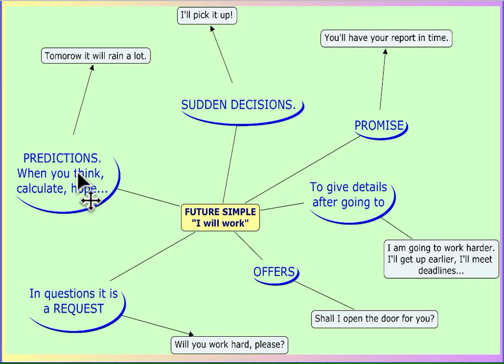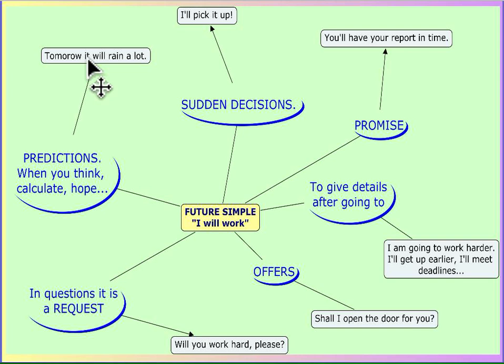But maybe you say, but teacher, you said that predictions was in future with going to. Oh, but yeah, look, this kind of prediction is different. It's when you think, when you calculate, or when you hope something for the future. For example, tomorrow it will rain a lot.